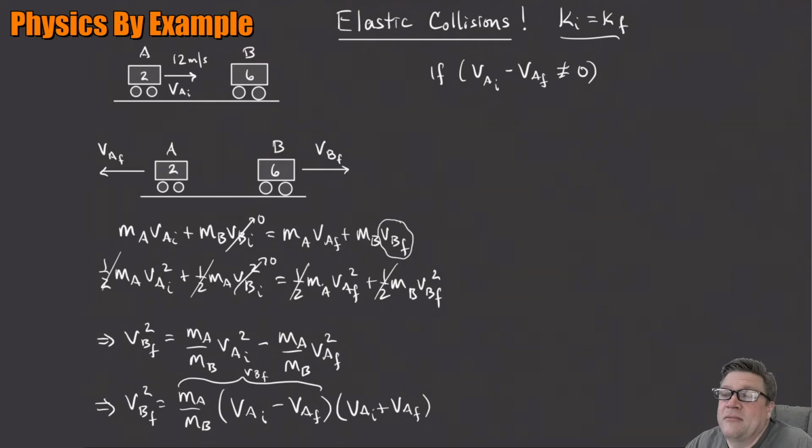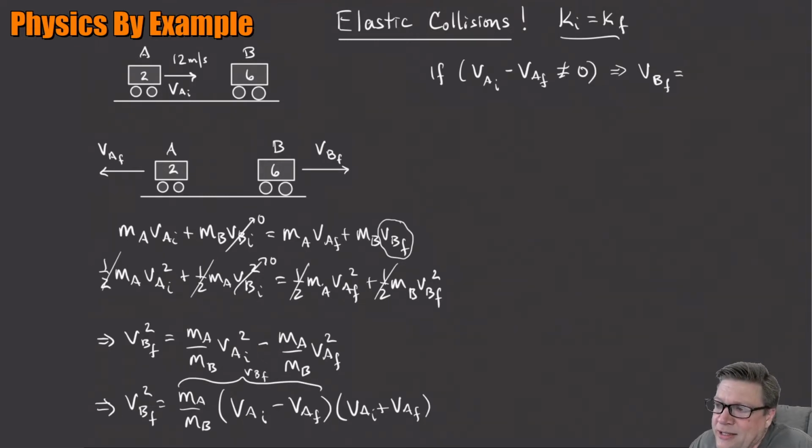That would be the case where A just floats right through B and doesn't even interact with it. The speed of A doesn't change. So I know it's going to change, so I'm safe in going ahead and factoring this out. So the thing that remains on the right-hand side must also be VB final. That means VB final is equal to that thing.